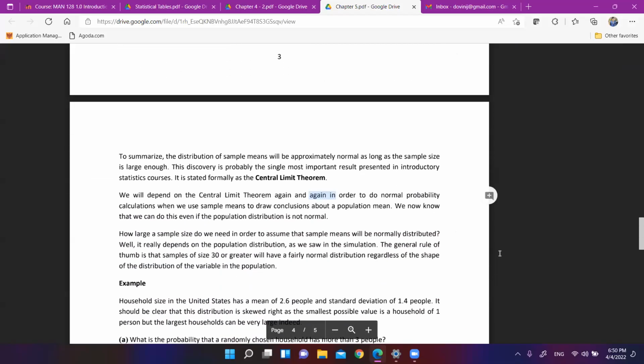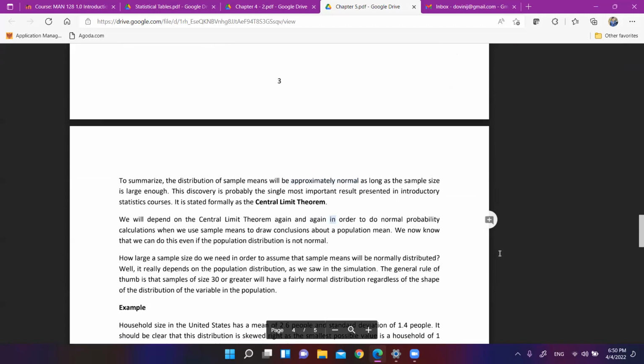So to summarize, the distribution of the sample means will be approximately normal as long as the sample size is large enough. ඒක තමයි මම කලින් කිව්වේ, spread එකත් අඩු වෙනවා, normality වලට converge වෙනවා in distribution. When you increase the sample size the mean distribution converges to a normal distribution. Mean distribution කියලා කියන්නේ distribution of x bar; distribution of x ඕන එකක් වෙන්න පුළුවන්, it doesn't have to be normal necessarily.